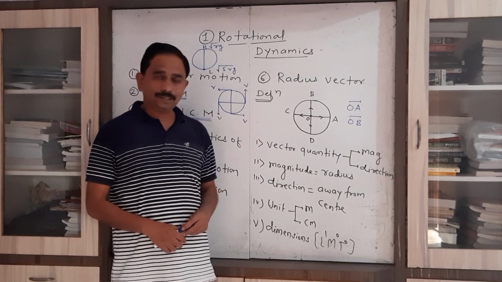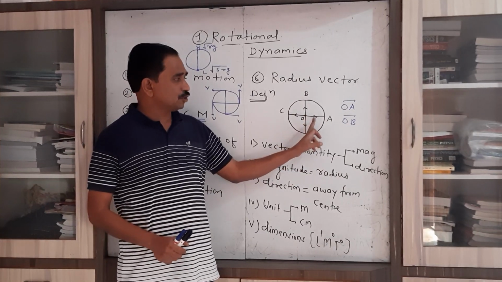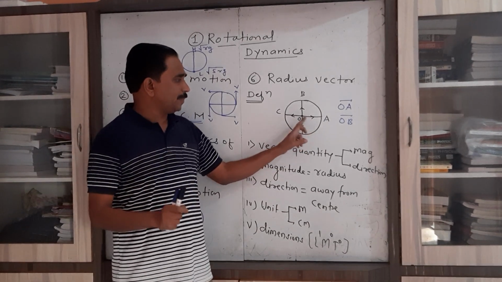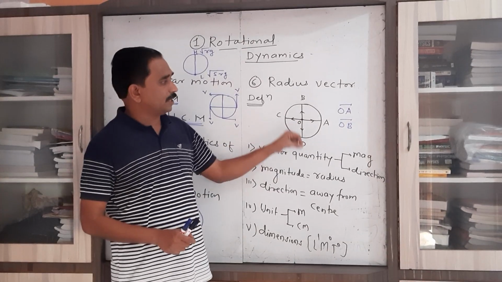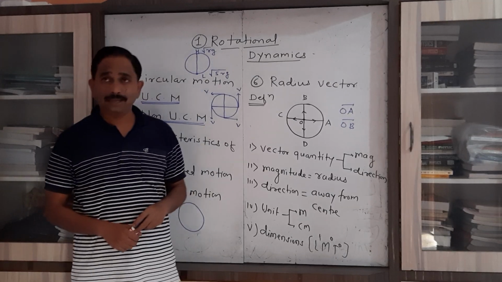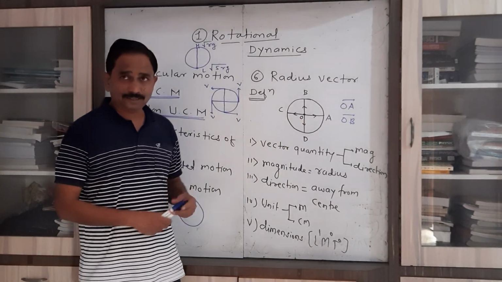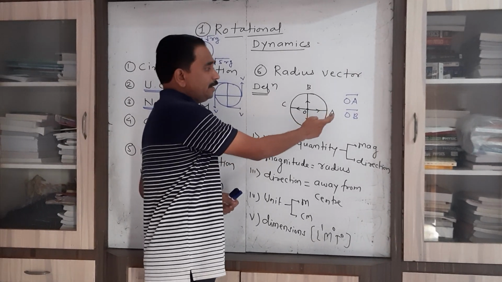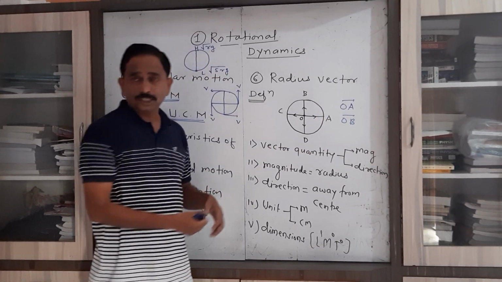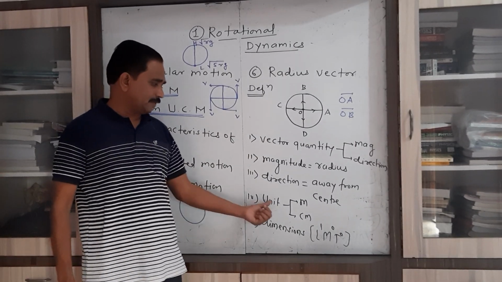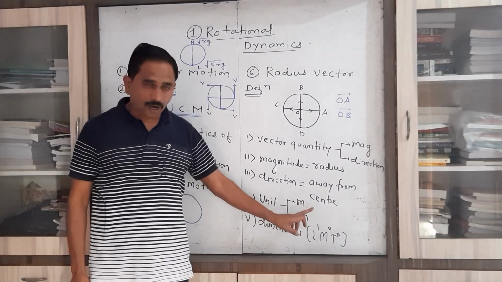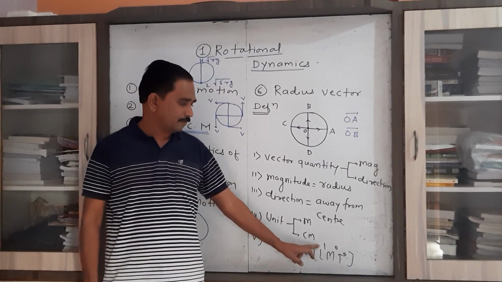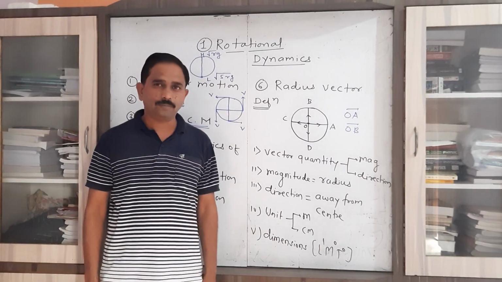What is the direction? Keep in mind, the direction of the radius vector is always away from the center, toward the position of that object, as it is simply the distance between two positions, that is, between the center and the point where the object is present at that instant. That's why its unit is meter or centimeter, and the dimension is M to the power 0, L to the power 1, T to the power 0.